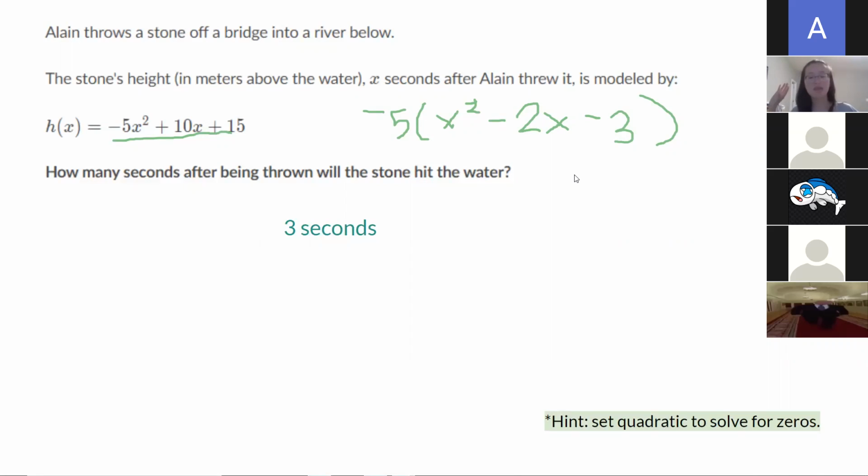What times what multiplied gives you negative 3, but added together gives you negative 2? Okay, let's just factor negative 3 then. Negative 3 equals... Negative 3 times what?